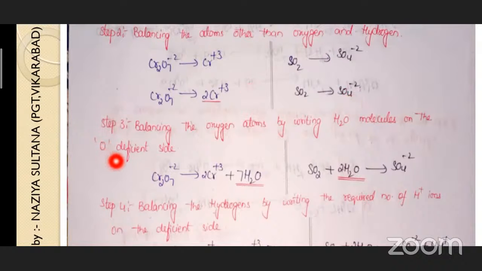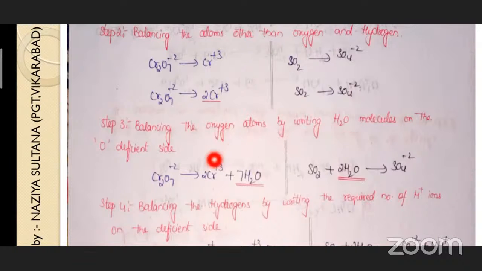Now coming to the next step. What is the third step? Once we balance the elements other than oxygen and hydrogen, then comes the turn of oxygen. So we have to balance the oxygen. So how to balance the oxygen? Let us see. Same thing. Balancing the oxygen atoms by writing water molecules. This is the same step as in the basic medium also.